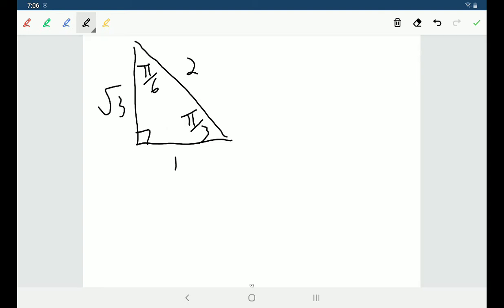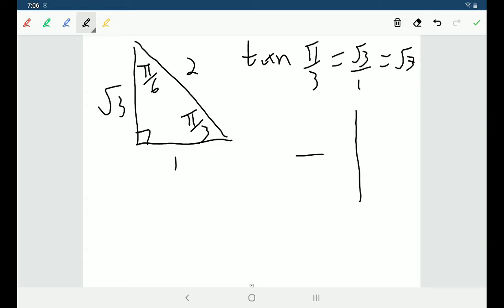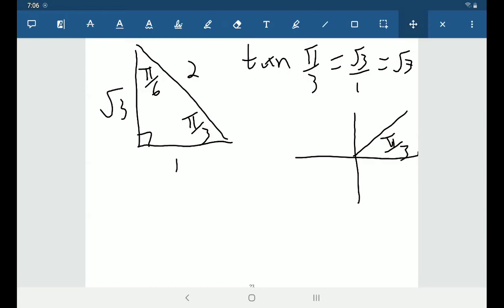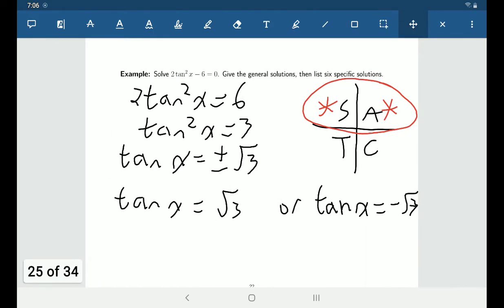If you were to look at tangent of pi over 3, that would be opposite over adjacent, root 3 over 1, or root 3. So we know that one of the solutions is pi over 3. That would be the angle that's in quadrant 1. That would be the angle that gives me the tangent of x equal to positive root of 3.